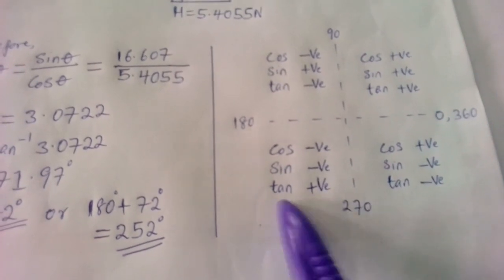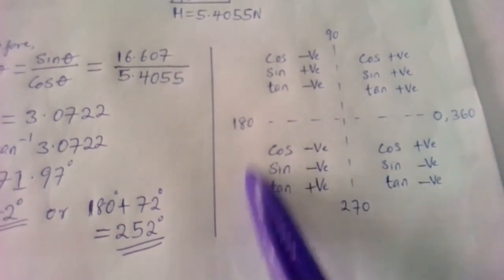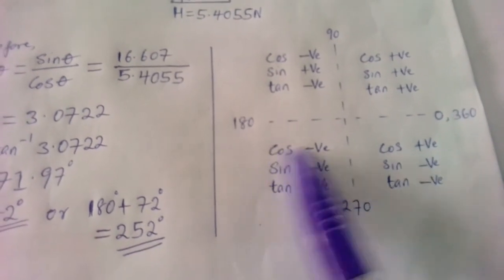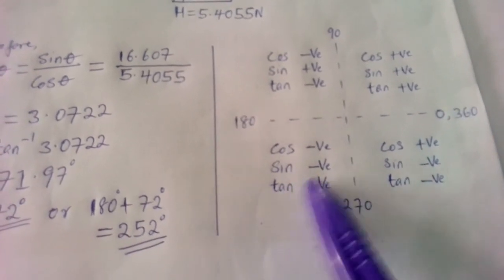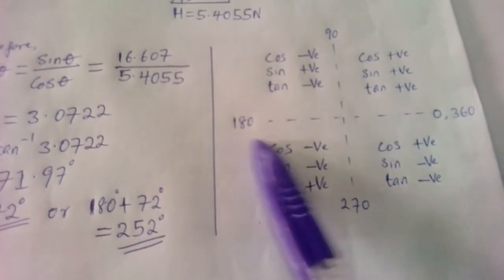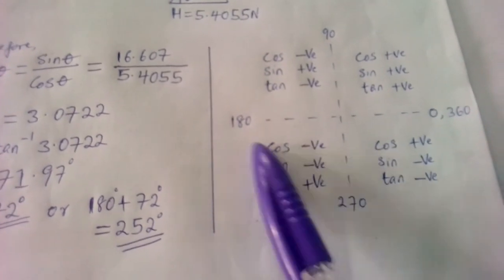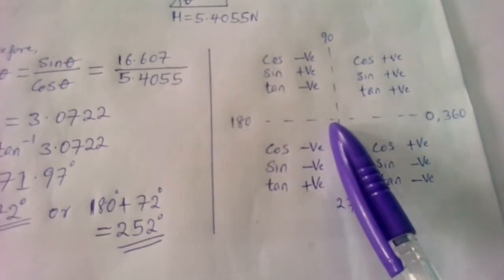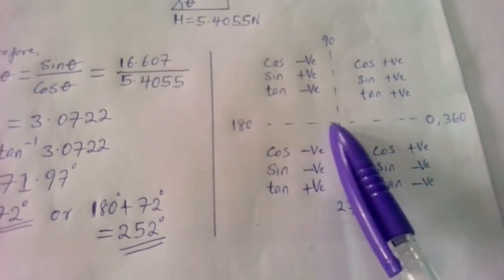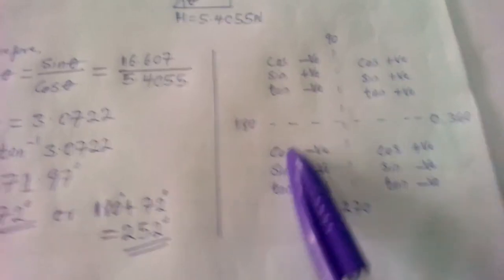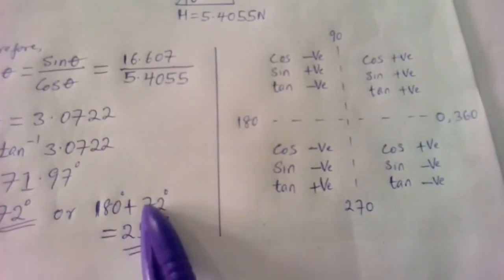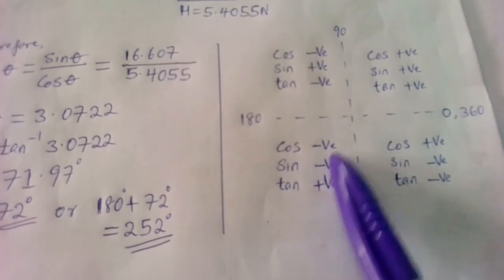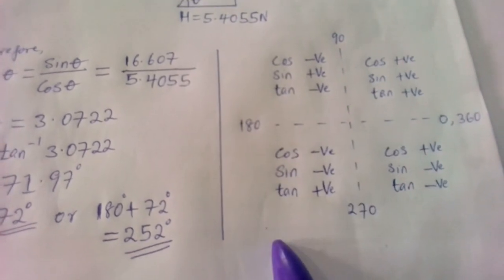We already said tan is positive here, meaning the angle we obtain can also lie here. So whatever angle we obtain plus 180 is going to tell us the position where our resultant is going to be. That is why we obtain 180 degrees plus 72 degrees.